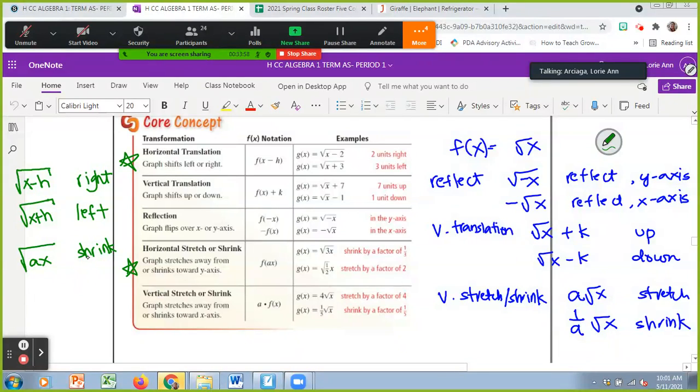But if you multiply by a fraction inside, if the fraction outside is a vertical shrink, if it's horizontal, it's going to be the opposite. It's going to be a stretch. So remember, for horizontal, the effects are opposite.